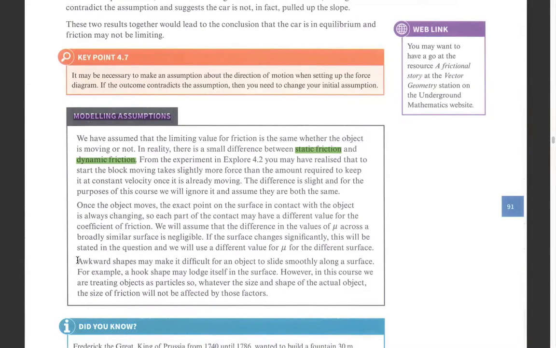And then thirdly, awkward shapes may make it difficult for an object to slide smoothly along a surface. Yeah, the shape of the object also matters.